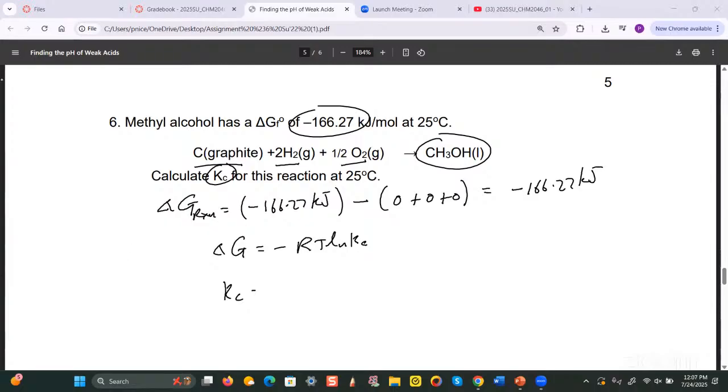Well, you're partially right. If you were to take this in steps, this would imply that ln Kc would be equal to minus delta G over RT. But what the question is asking for is Kc.